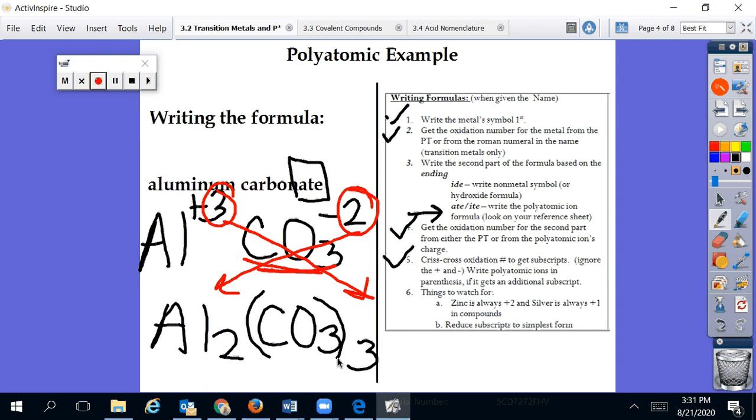It's on the whole thing. So we must use parentheses for polyatomics. And as always, we have to reduce subscripts if we can. But in this case, this is the final formula for aluminum carbonate.